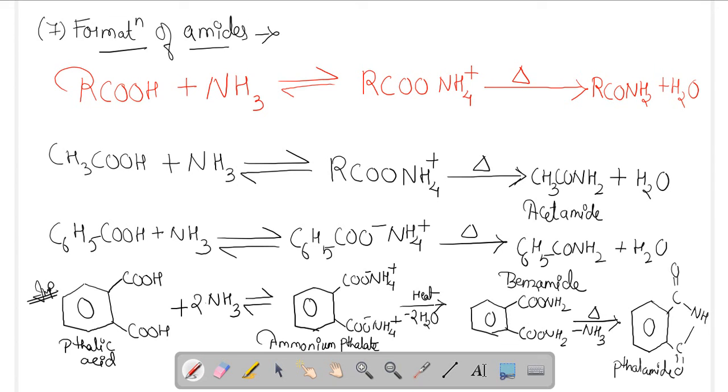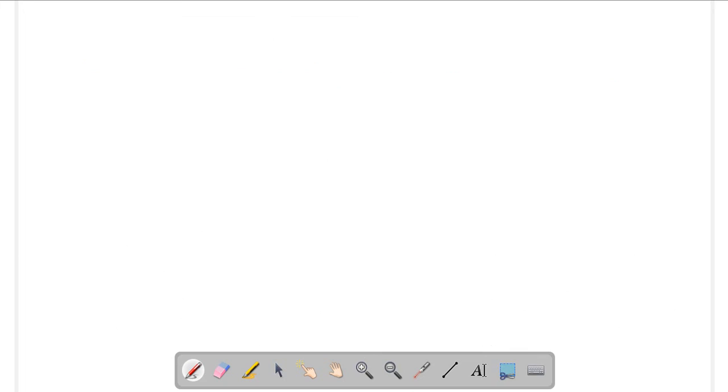On first heating, it will produce phthalamide, but on one more strong heating, it will produce phthalimide. This is phthalamide, and this is phthalimide. Okay, so this is one of the important reactions.